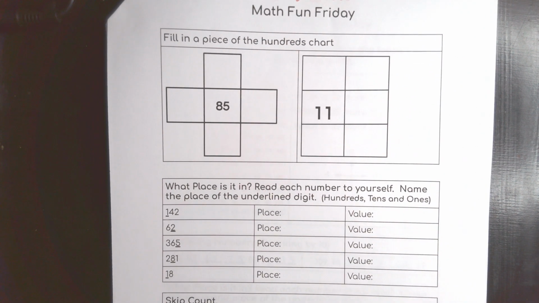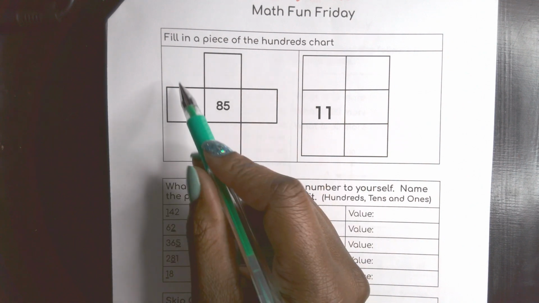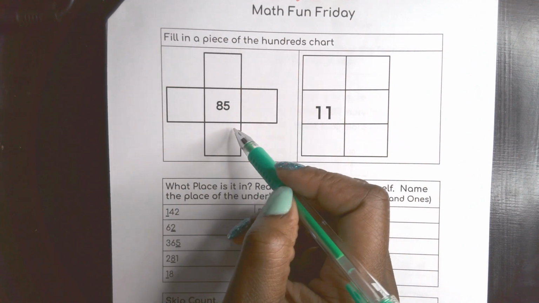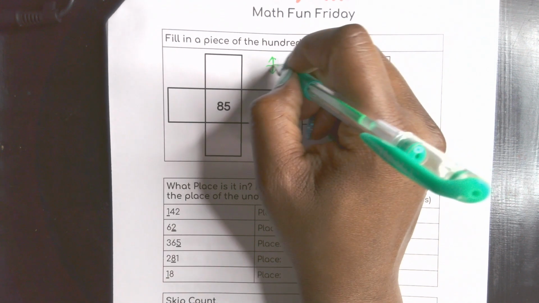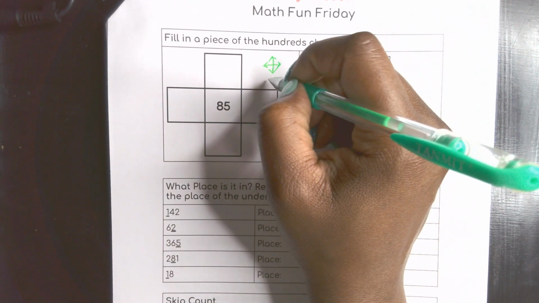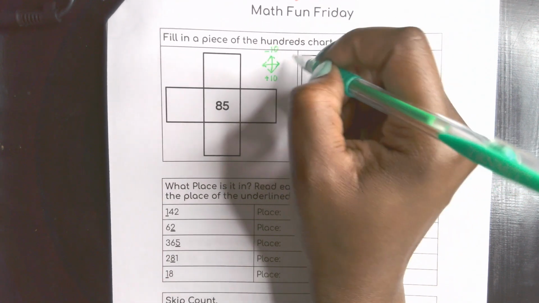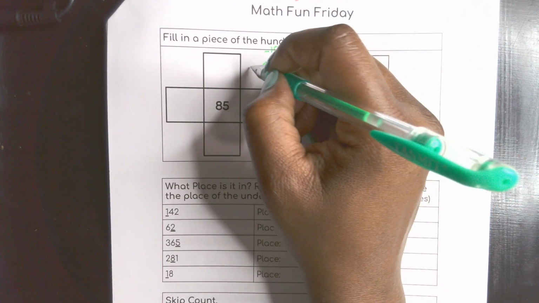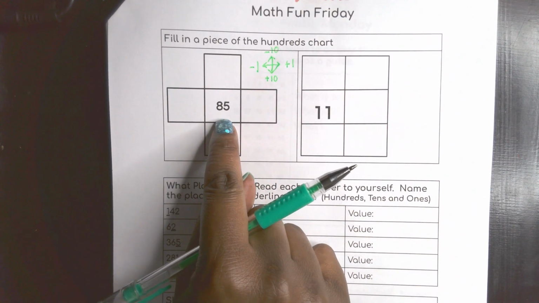So here I have 85 inside of this piece of a hundreds chart. We know the rule with our compass: plus 10, minus 10, plus 1, minus 1. Let's do the easiest one right now. I have 85 right here in the middle.